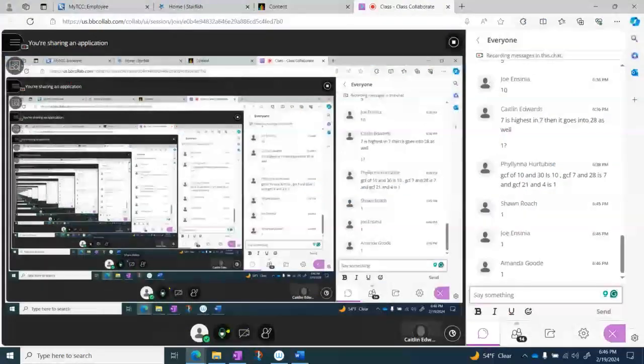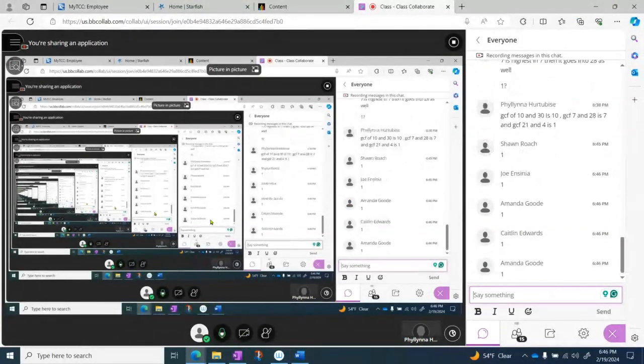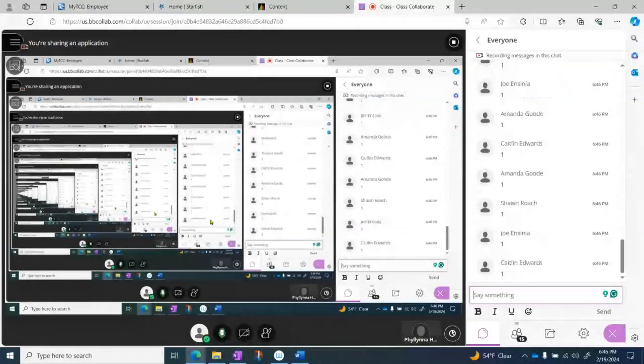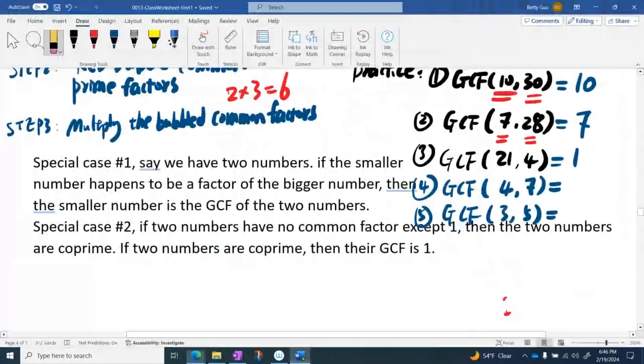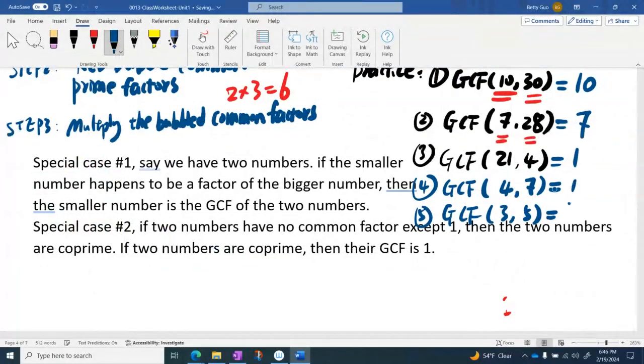Awesome. Yeah, exactly. Because they are coprime. What about the GCF of 3 and 5? Yeah, Amanda, thank you. Sean, Kaden, exactly. GCF of 4 and 7 is 1.